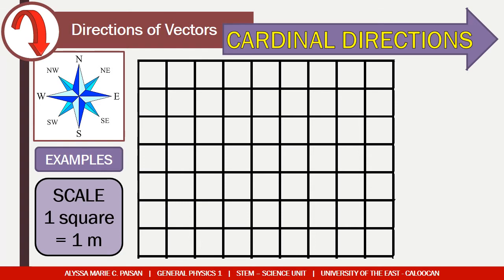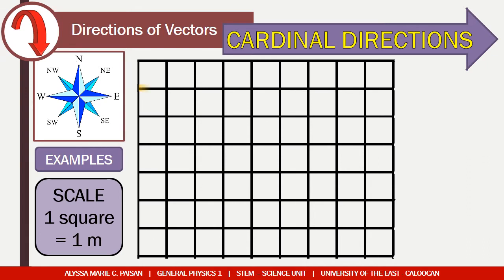Okay, instead of the measurement in the ruler, you can also use the measurements or the grid lines of a graphing paper or any graphing material with squares in it. So let's have four examples for vectors.